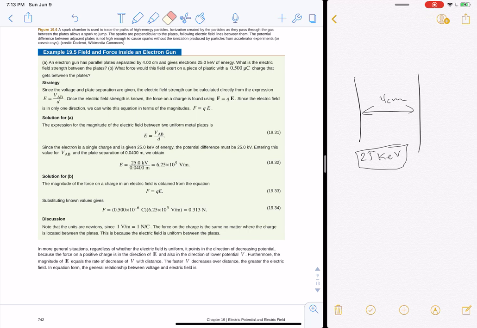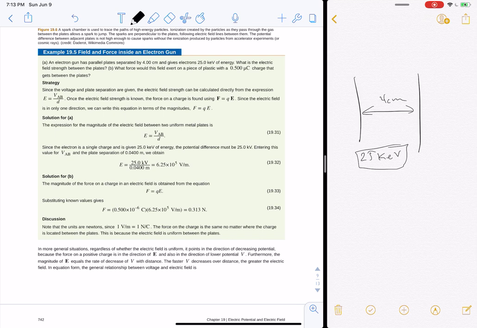So for part A, we can solve for the electric field strength by just saying the voltage potential between them divided by D, 25 kV divided by 0.04 meters, and that gives you 6.25 times 10 to the 5 volts per meter. Okay, so that's how you do that.